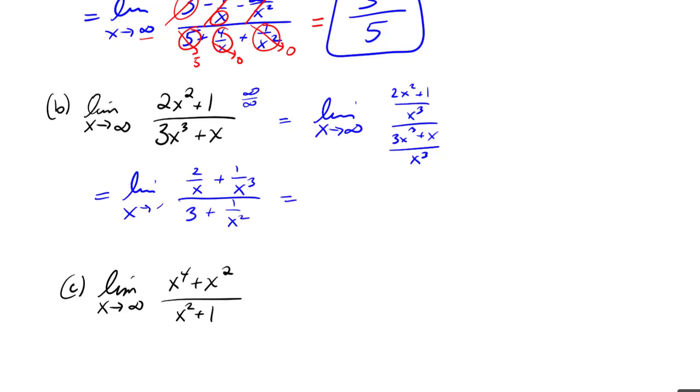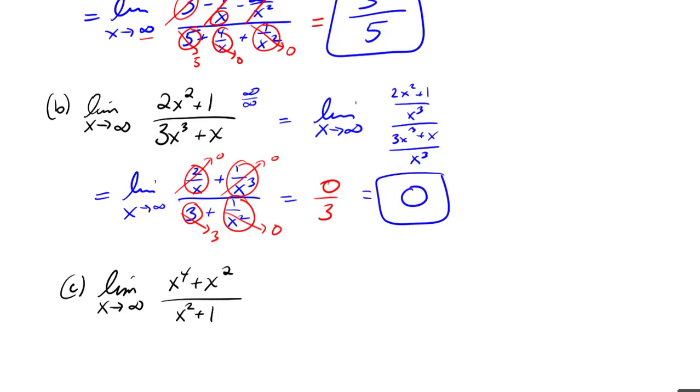Okay, and this is all going to infinity. All right, so now take my individual pieces. 2 over x as x goes to infinity goes to 0. 1 over x cubed goes to 0. 3 goes to 3, and 1 over x squared goes to 0. So I get 0 over 3, but that's just 0. There we go.